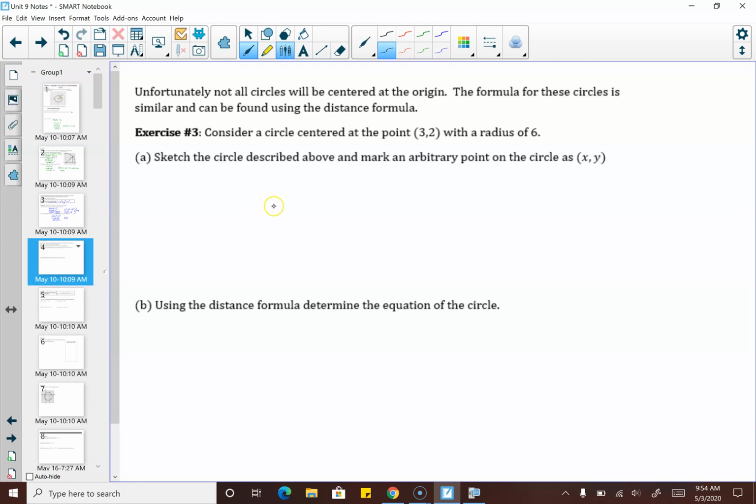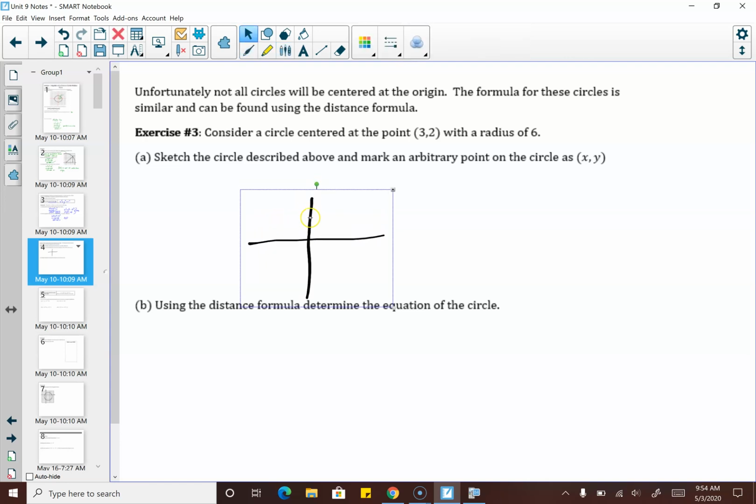So if we were to draw an xy axis here, we're centered at the point (3, 2). So (3, 2), there's our center. So now we basically need to get 6 above, 6 to the right, 6 below, and 6 to the left.